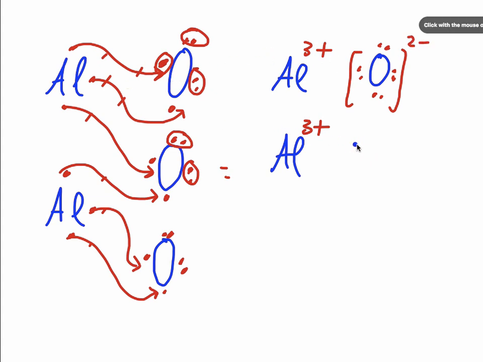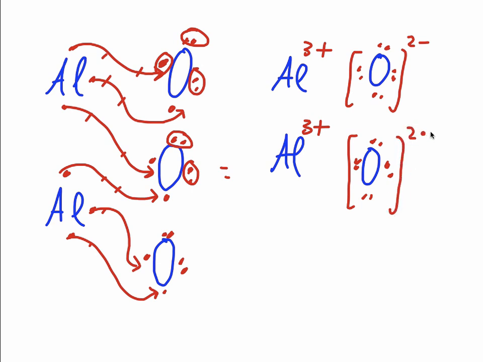Let's look at this other oxygen. This oxygen here gained 2 electrons. So it had its 6 valence, then it gained 2 more. I'm not circling them, but you can. So it's got a 2 minus charge. And now we still have our last oxygen. 1, 2, 3, 4, 5, 6, 7, 8. 2 minus.